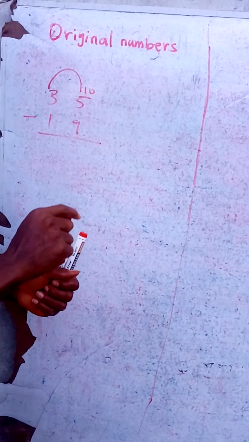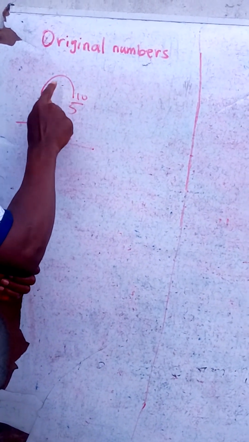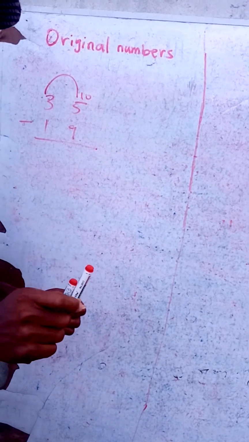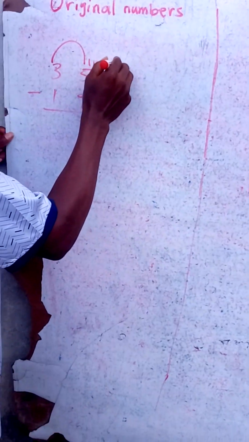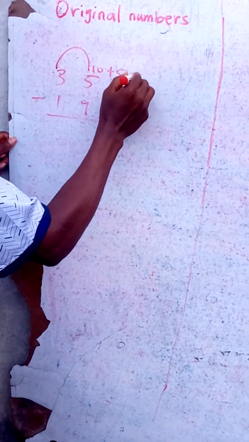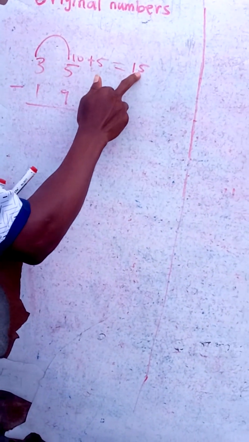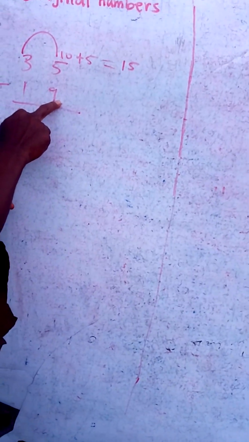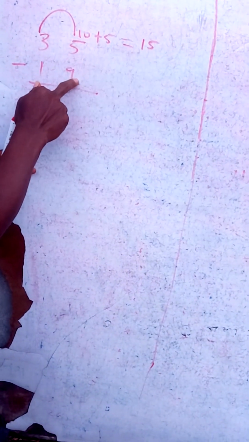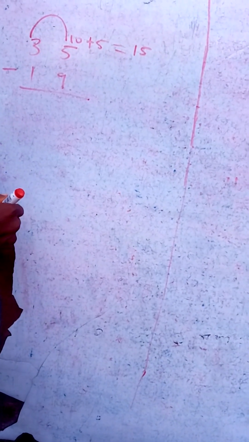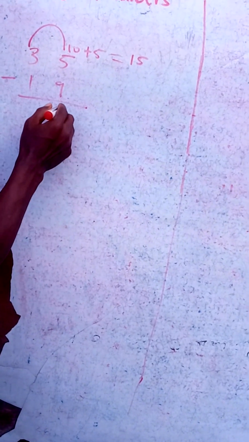If not, why will it be that you borrow 1 and it is 10? So we borrowed 1, and that 1 we borrowed is 10. That is the standard. Now that 10 plus this 5 is 15. So we have 15 here. 15 minus 9 is 6.